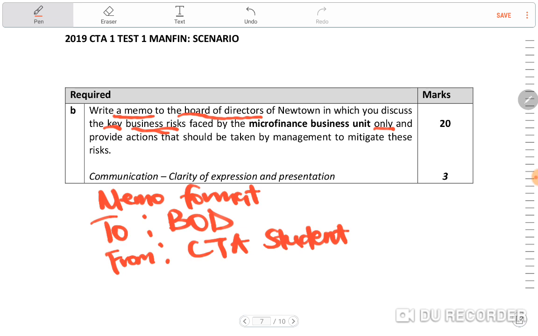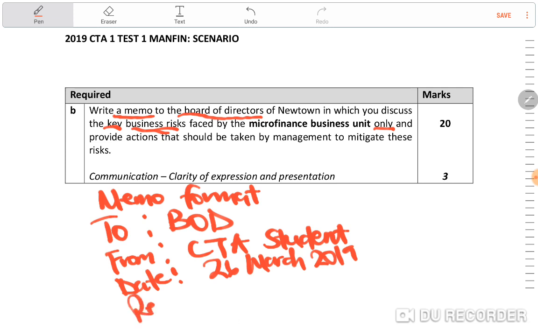So you need to write from the supervisor to Board of Directors of Newtown, and there needs to be a date. So in this case, I will give maybe 26 March 2019, and then there needs to be a subject, or what is known as the reference.